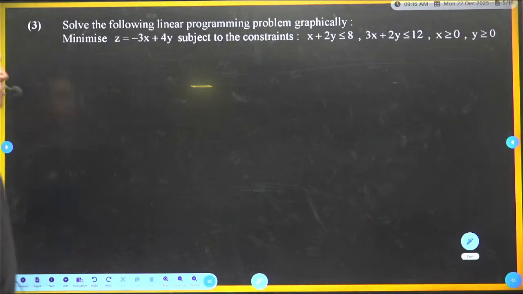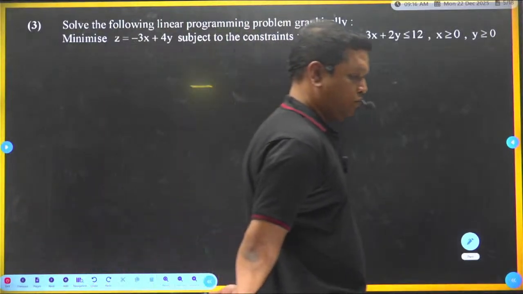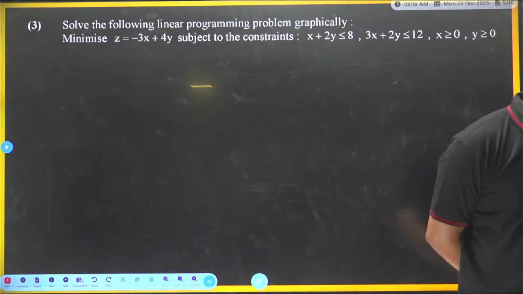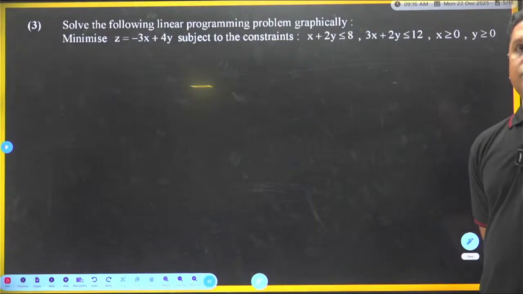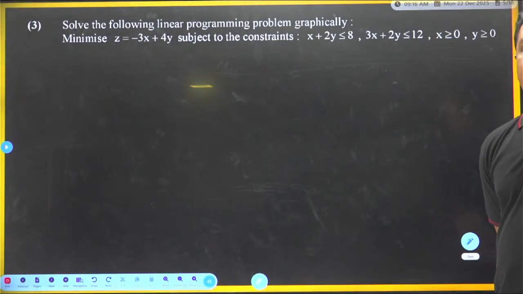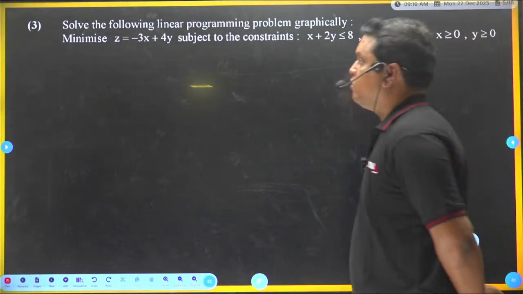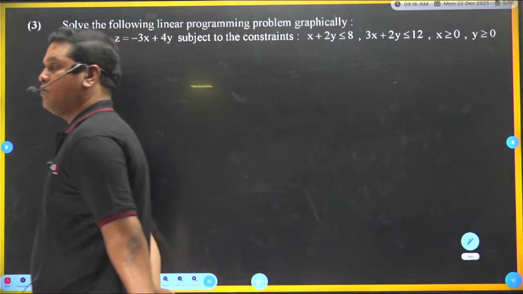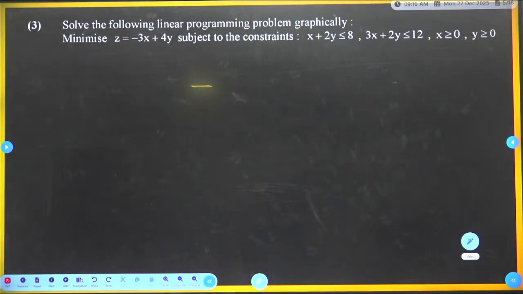Next question. Please check the question. Minimize z equal to minus 3x plus 4y.